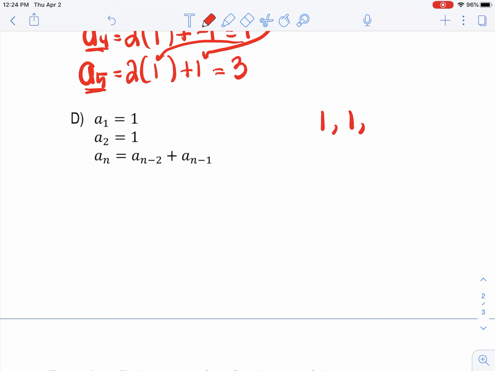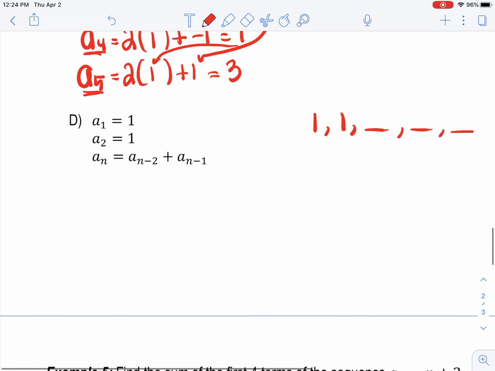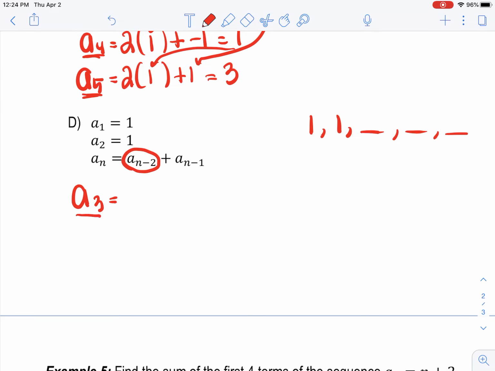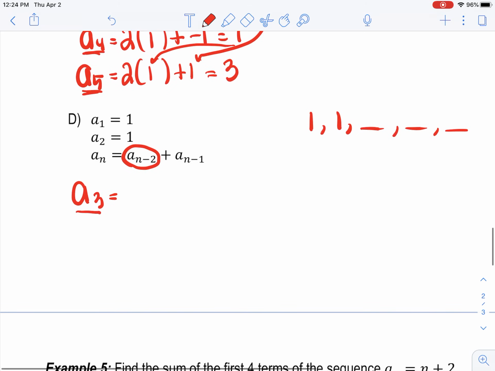All right, I know my first 2 terms are 1 and 1, and then I need my last 3 terms. So once again, I have to be able to read my rule. I'm finding my third term. This says take the term 2 terms before that term. So 2 terms before a sub 3 is a sub 1. That's 1. Plus the previous term. The previous term is 1. So I get 2.